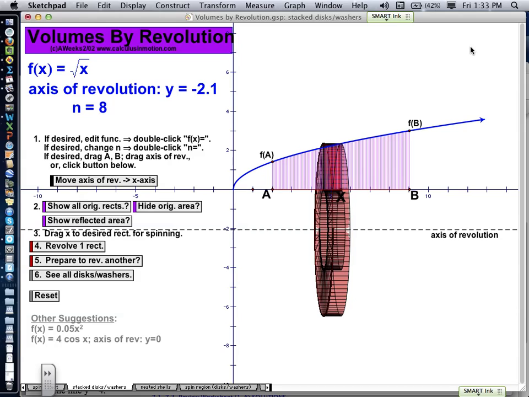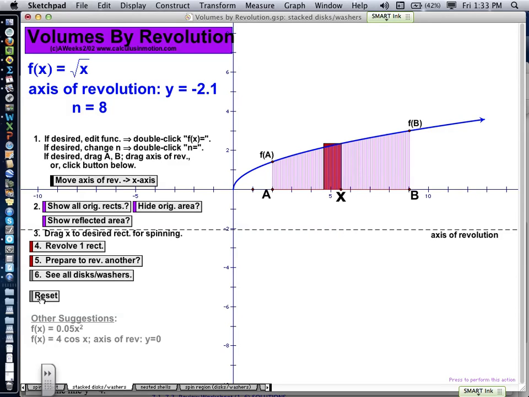Let me reset this so that we can look at this image. Here's our area that we're revolving, and here's our axis of rotation. Now I want to find an integral that describes the whole thing, supposing that were a disk. Then volume equals pi times the integral from A to B, according to this diagram.